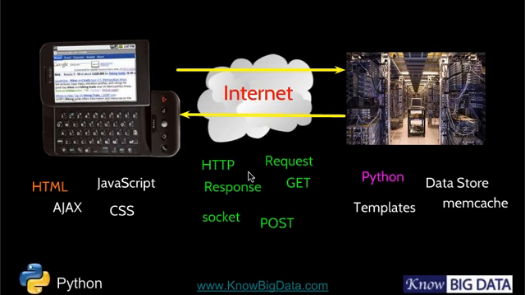Client understands HTML, JavaScript, Ajax, CSS, or other client technologies. And then we have HTTP request. The response you get is HTML. And on the server side, you might have Python, you might have other data stores such as Memcached.